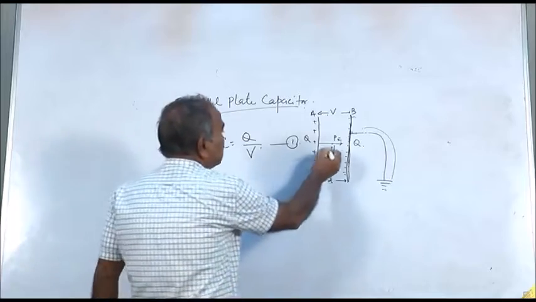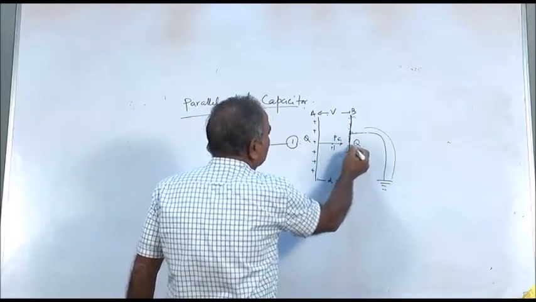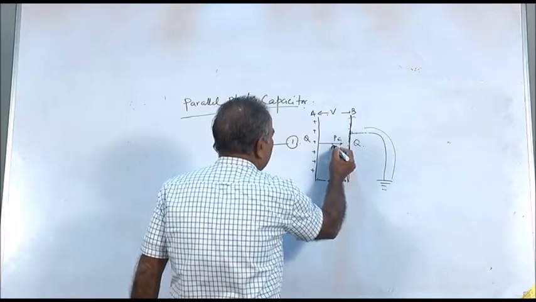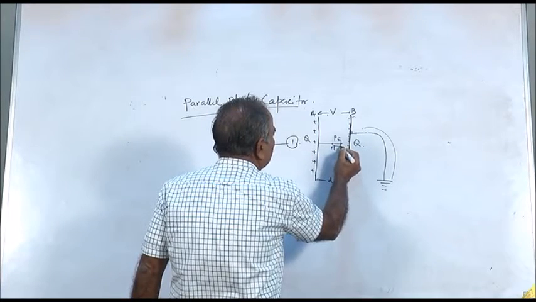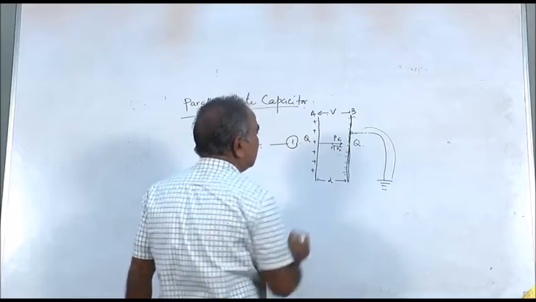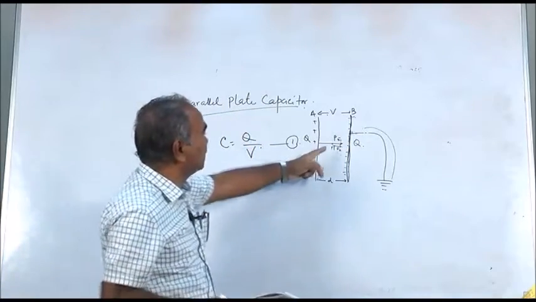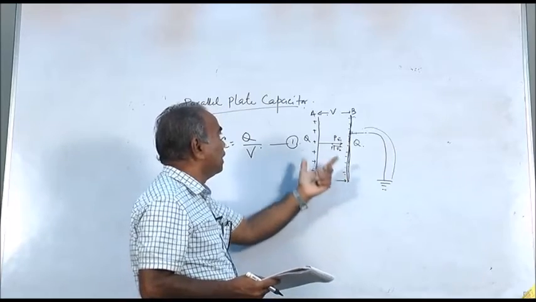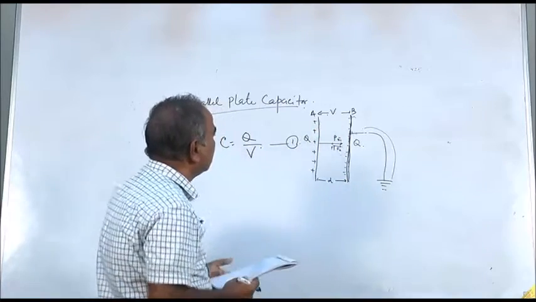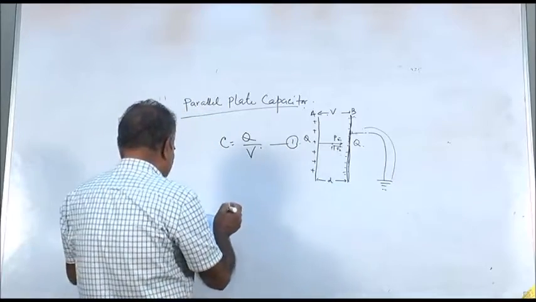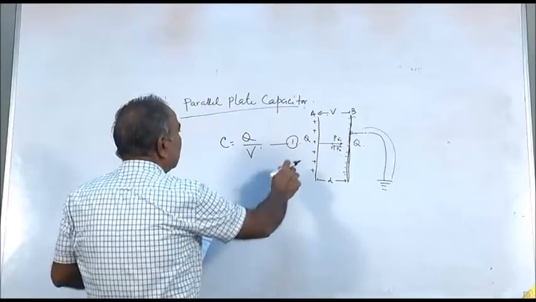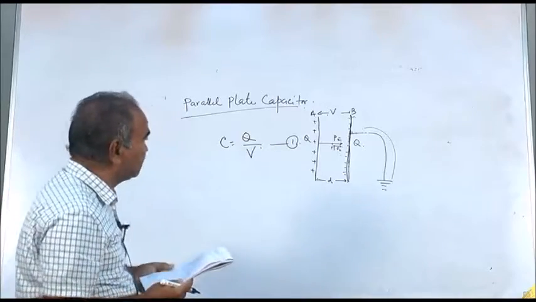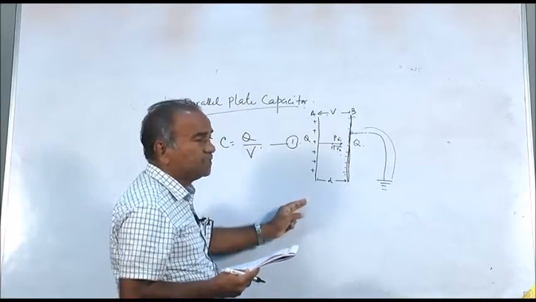Similarly, the negative charges will attract this positive charge, so an electric field will also be developed in the same direction. So the total electric field intensity at point P inside the parallel plate capacitor is E1 plus E2, and by Gauss law we have calculated the electric field due to an infinite sheet of charges.